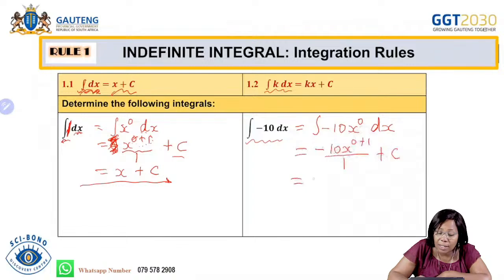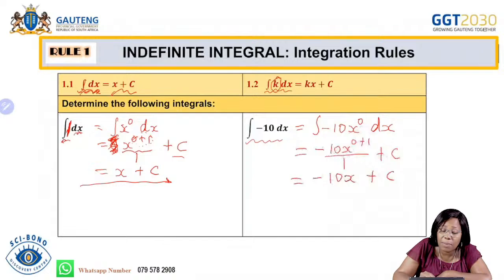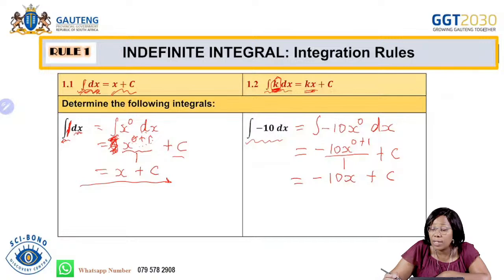A minus 10 x to the power 1, grade 12, plus a c. Can you see that? You are having a constant number there. If you are having a constant number, your integrated answer will be that value that we are having there with an x plus c. That is what the 1.2 rule is telling us.